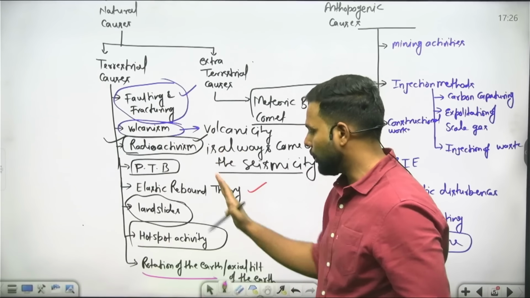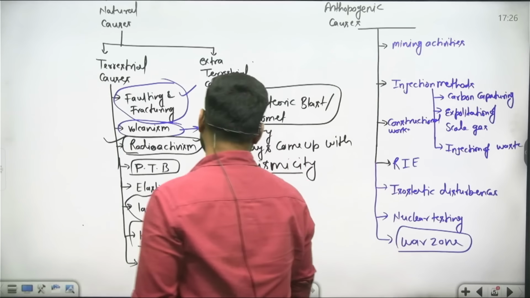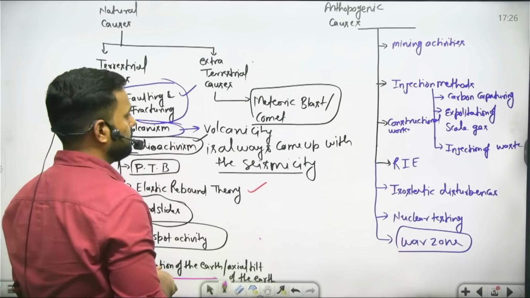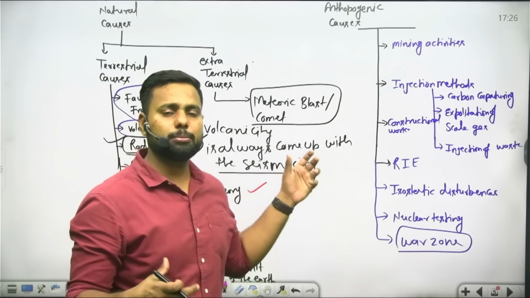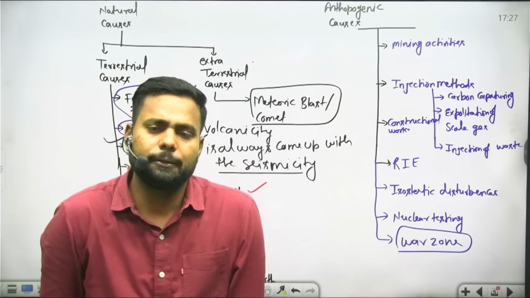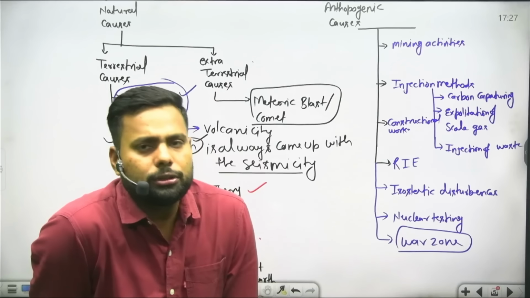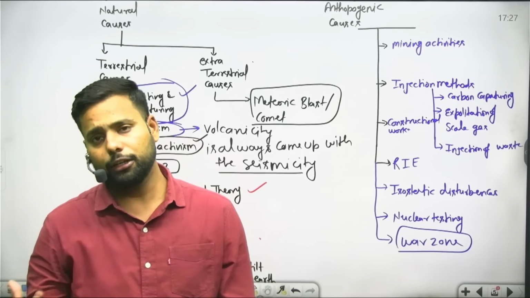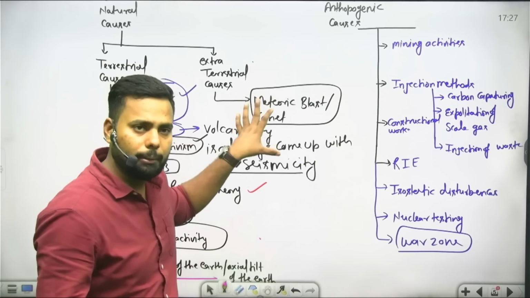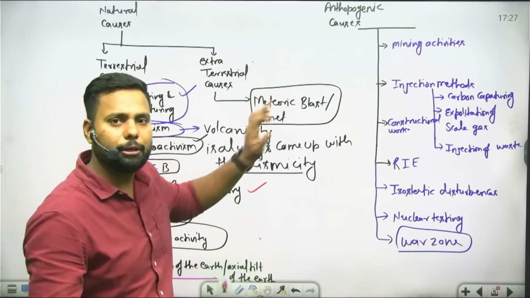So this is all about the terrestrial causes, and next one is the extraterrestrial causes. Extraterrestrial causes, it means meteoric blast. We all know that dinosaurs died because of meteoric blast. तो one of the reasons कहा जाता है कि meteoric blast है.